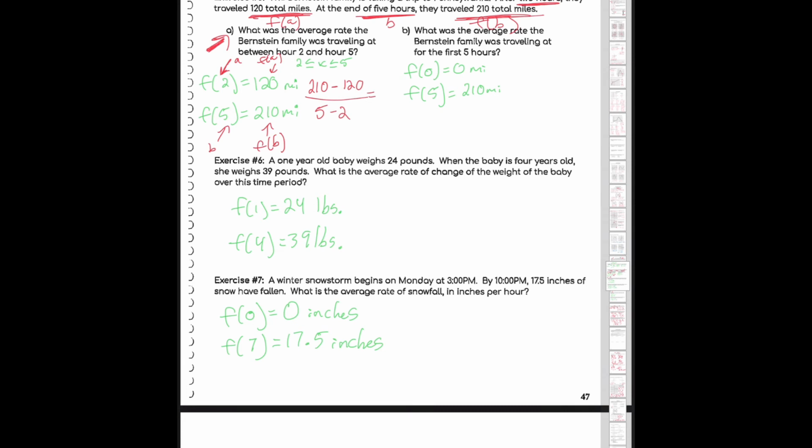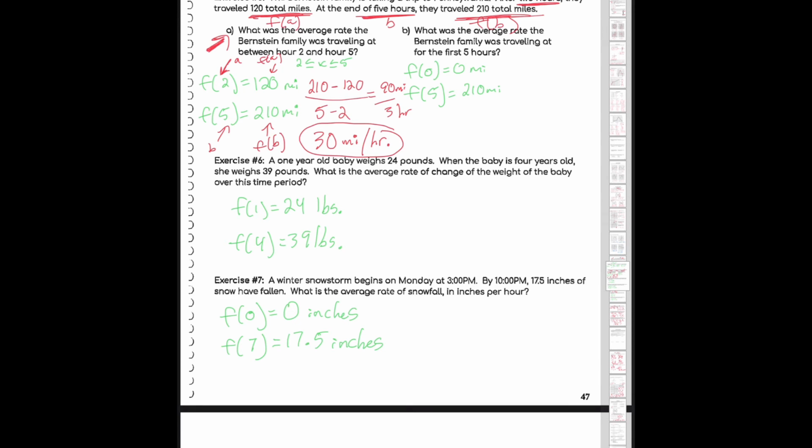And that gets us, just to make sure here, 90 over 3, which would give us 30 miles per hour. So it's important that we put our label for units here. We traveled 30 miles per hour. So our top value was miles, our bottom value was time, which was hours.